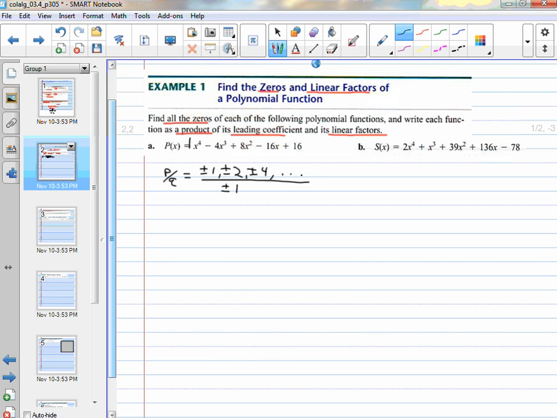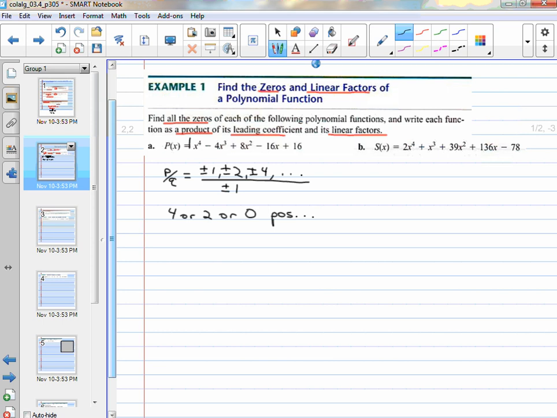We even have Descartes' rule of signs. Remember positives and negatives? Let's count this one real quick. How many sign changes, which will tell me how many possible positive? We've got 1, 2, 3, 4. So we have 4 or 2 or 0 possible positive ones.